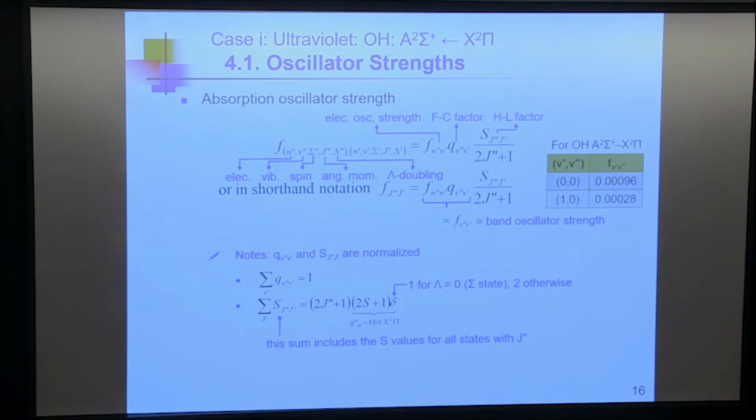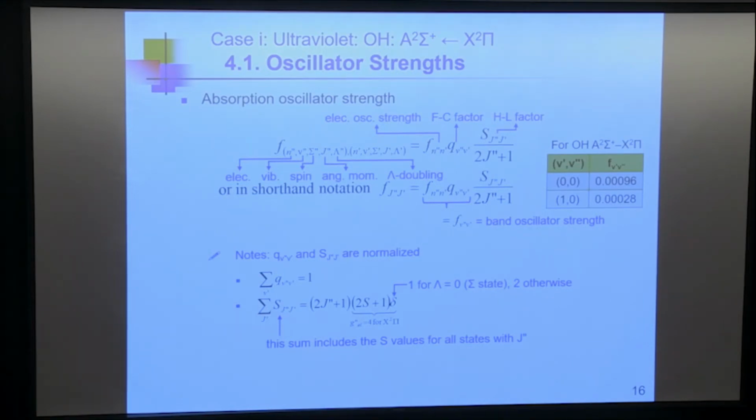This is a reminder that to get the oscillator strength for a specific quantum transition, I really need to specify all the quantum numbers of the state. But it's usually simplified down to the electronic probability, the Franck-Condon factor, and the normalized Hönl-London factor. Maybe it's easiest to think about in the context of emission. You're in a given state.